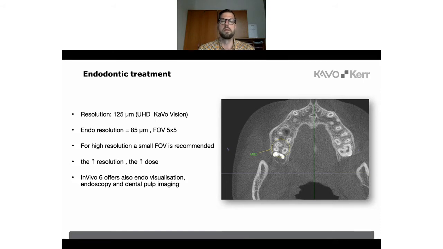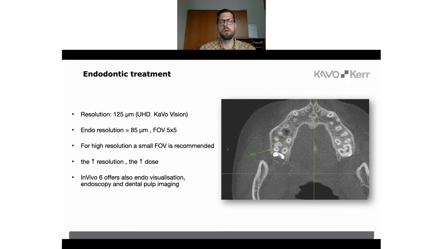For example, it is 125 micrometers when we do the ultra high definition. But we can go even less, so we can go very sharp with a small field of view, 5 by 5, and then we have a resolution of 85 micrometers.